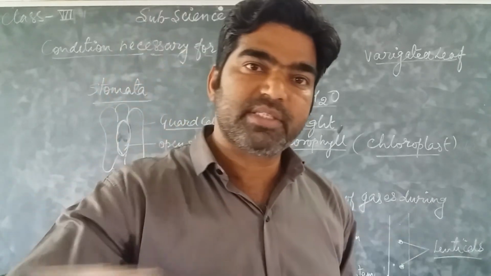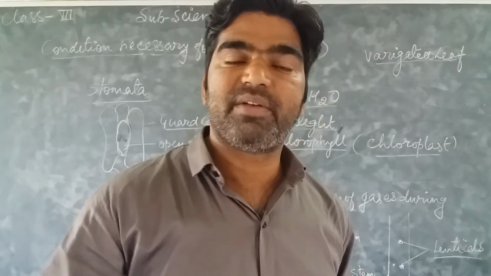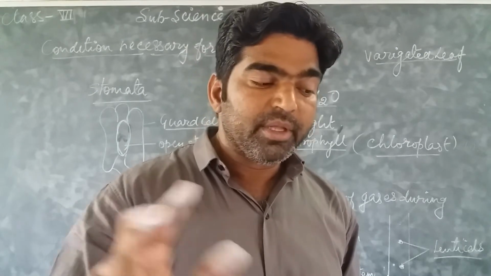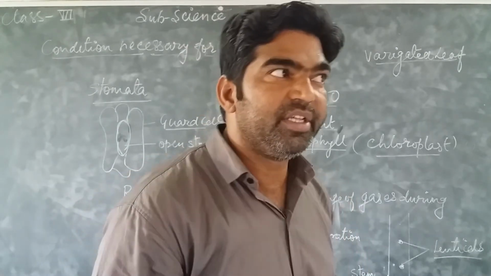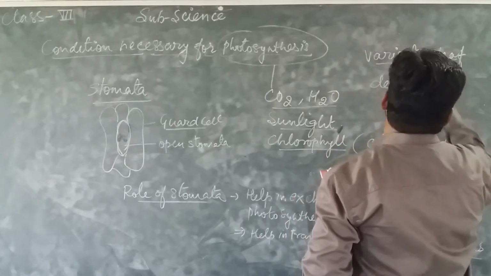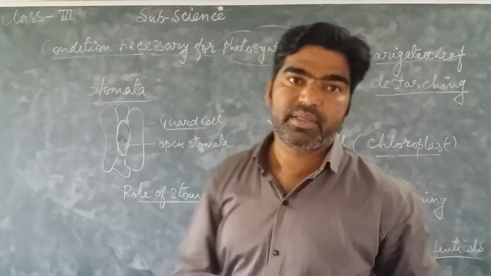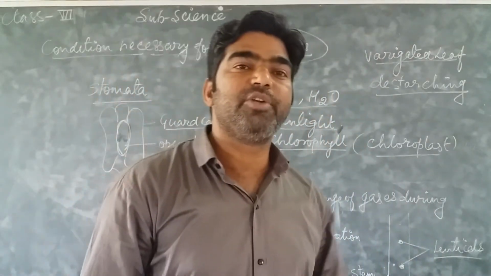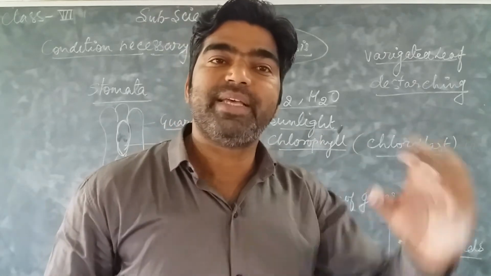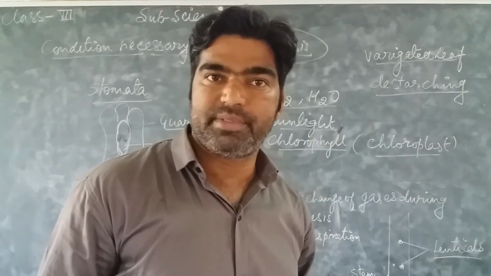So when this starch is used up by the leaves of the plant, that process is called destarching. Destarching means the utilization of the present starch by the leaves.